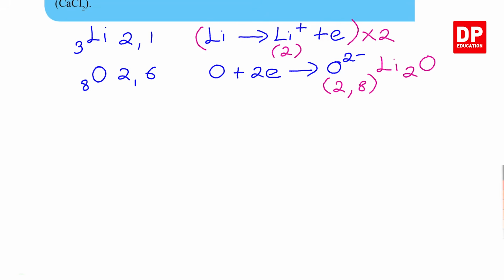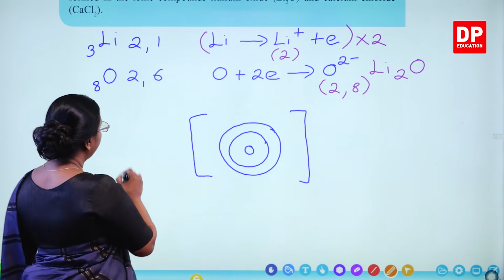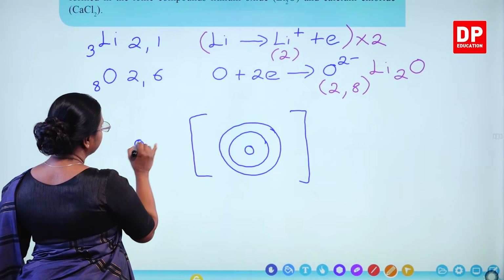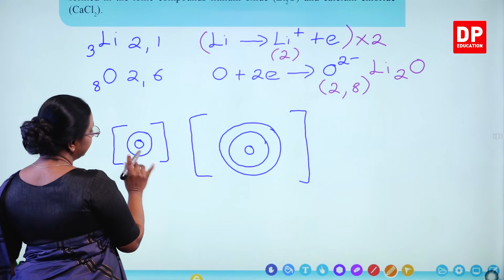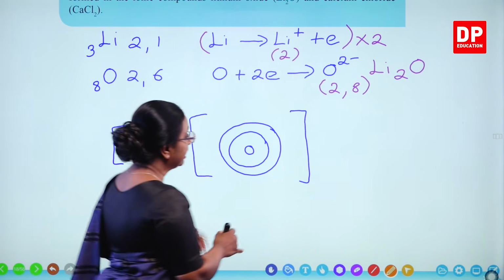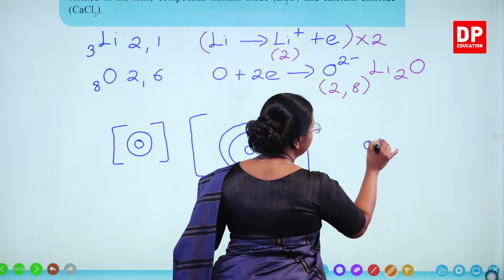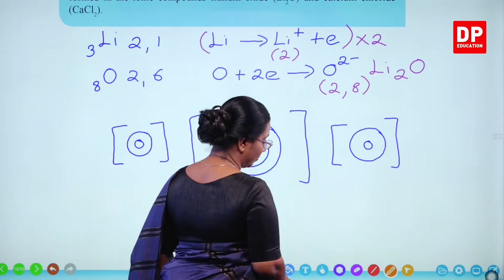Here you can see, students, it is the nucleus. Around that we have 2 energy levels or shells, and you know we have to have square brackets. On this side, I will draw the lithium ion. You all can see the size is smaller because there is only one energy level. Like this, there will be another lithium ion on this side as well.